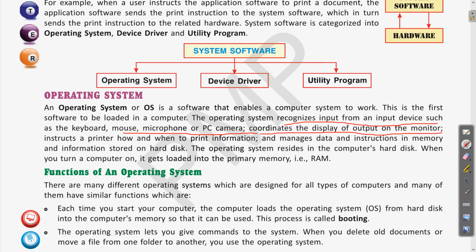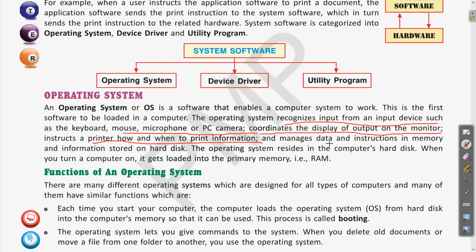Then whatever output is given by the computer or the mobile phone, the coordinates of the display, that is, where a particular thing is to be displayed on the monitor, will be managed by the operating system. If you are giving a print command, how the printer will print it will also be managed by the operating system.